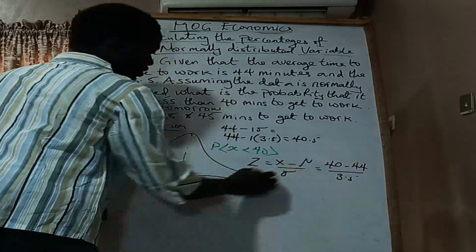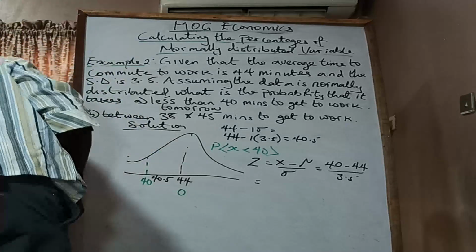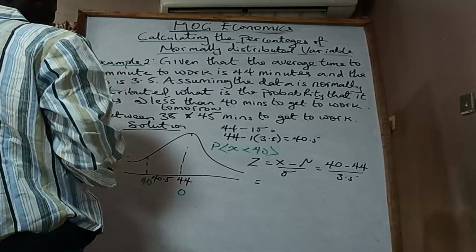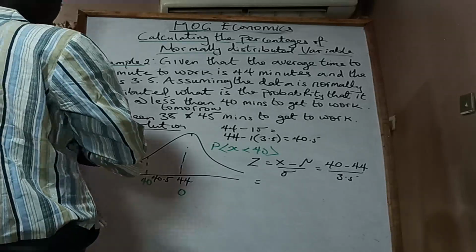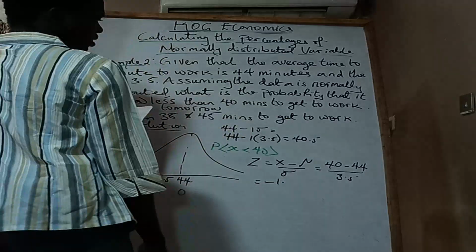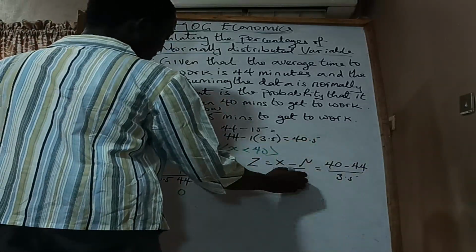So we have minus 4 divided by 3.5, and that gives us minus 1.14.